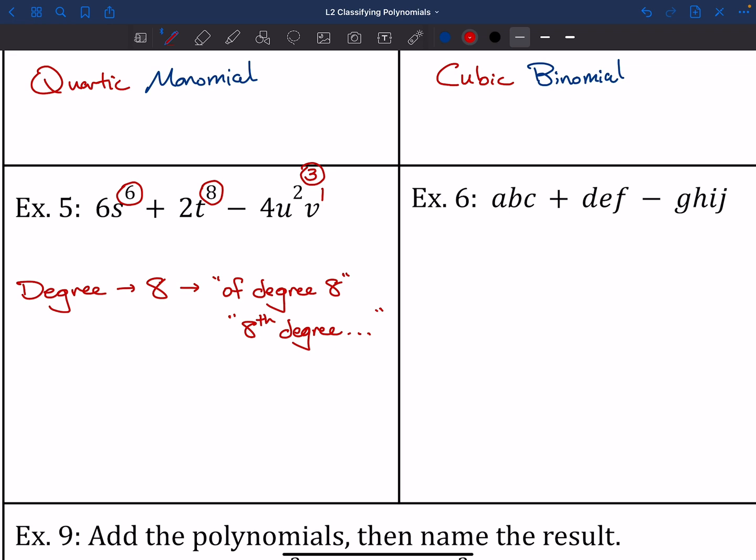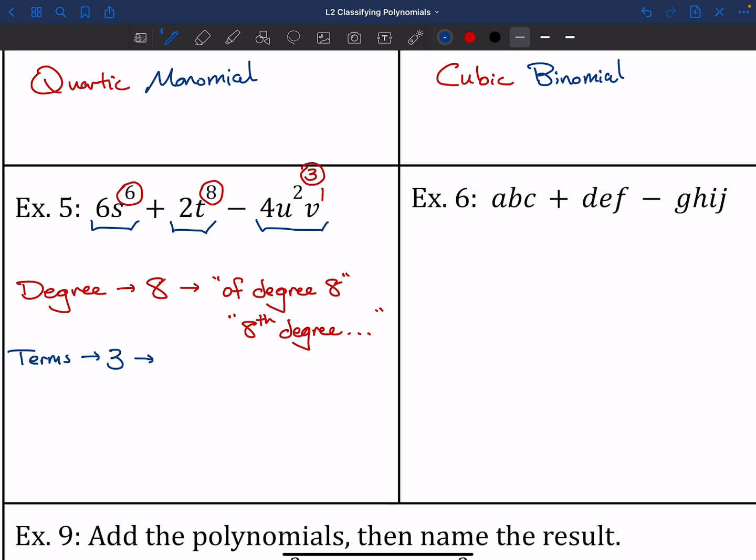As far as the blah blah blah goes, that's going to be our term for the number of terms. Thinking about how many terms this has, 1, 2, 3 that are all separated by addition and subtraction. So it's got 3 terms.